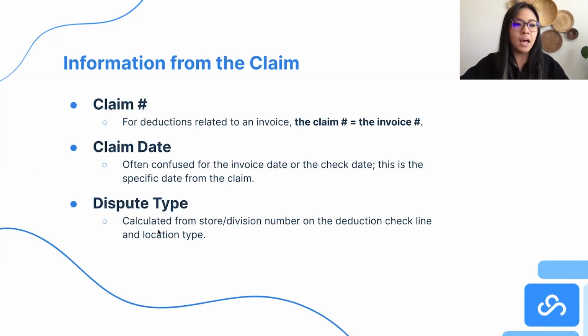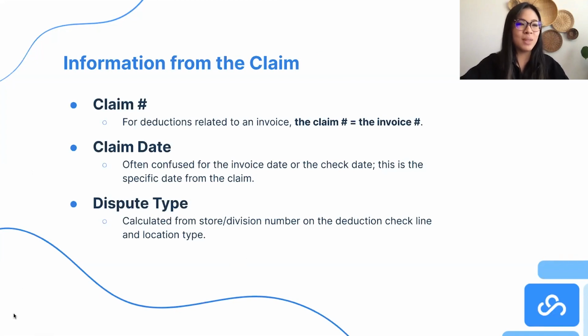Dispute type. This is actually automatically calculated for you. We just wanted to help explain what it is. So when you're looking at an APDP dispute, you know what all the fields are. It's going to be calculated from the store and division number on the deduction check line and location type. Before, when we were doing this through direct commerce, you had to guess at this based on what you thought Walmart wanted to see for dispute type.